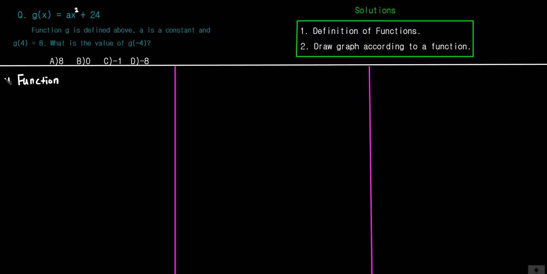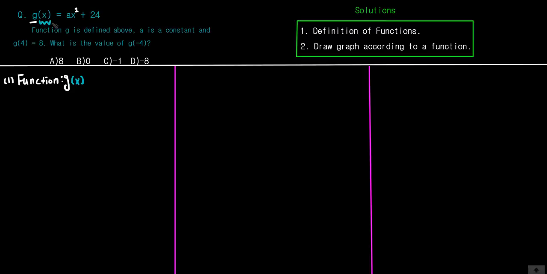So for the function in this question, the function is the unknown variable in front of a parenthesis, or sometimes you just write an unknown variable. The unknown variable in this case is g. So you can see that there is a function g. And we can see that the function should always take its factor, which is x in this case.